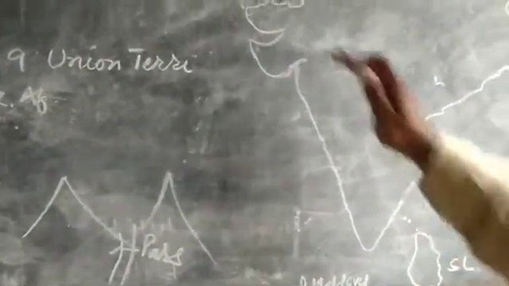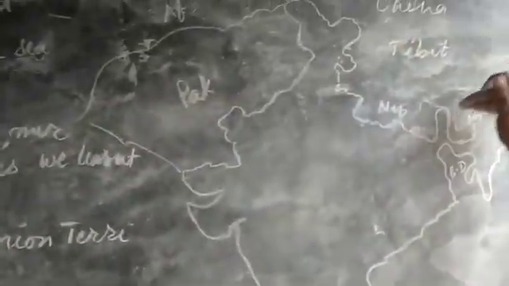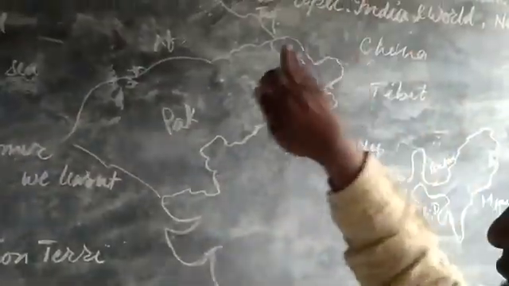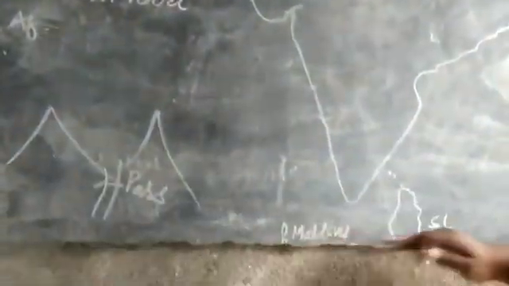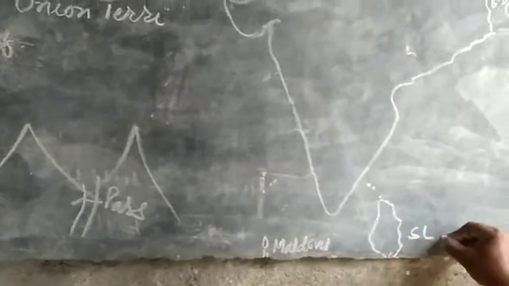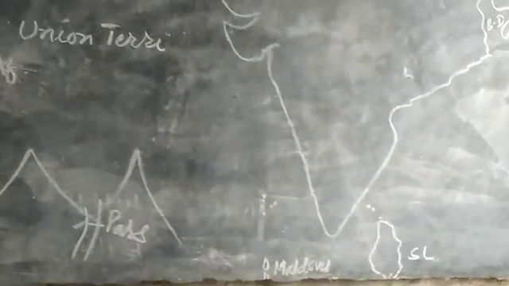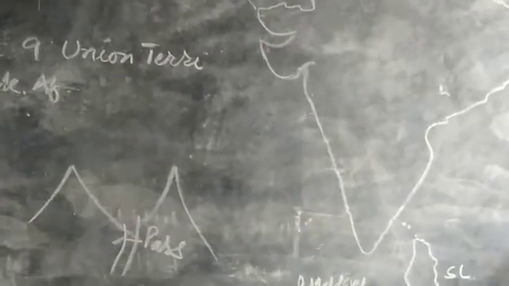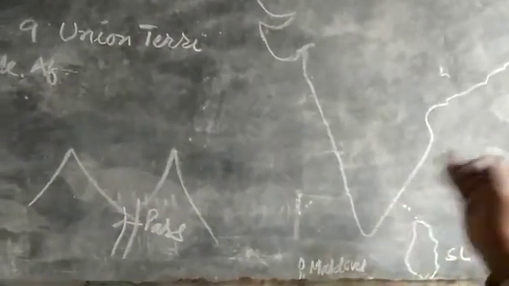These share land boundaries with us, so these are our neighbors. Even in the southern parts, Maldives and Sri Lanka, both situated in the Indian Ocean, the Arabian Sea and Bay of Bengal, are also neighbors.